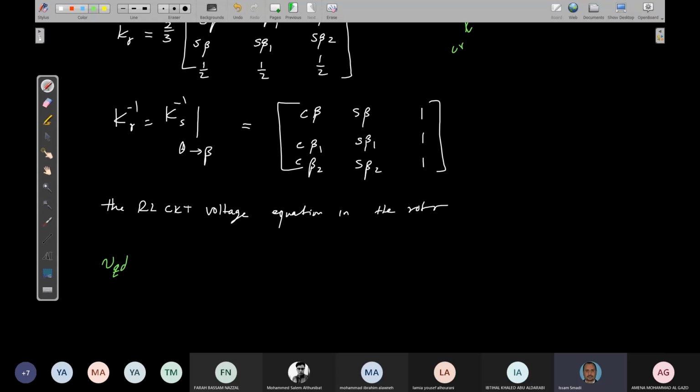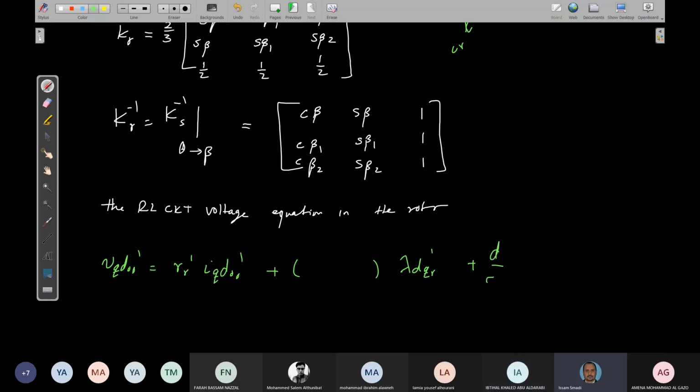VQD0R dash will equal RR dash IQD0R dash, then omega. I will write it in general form, then we will discuss.